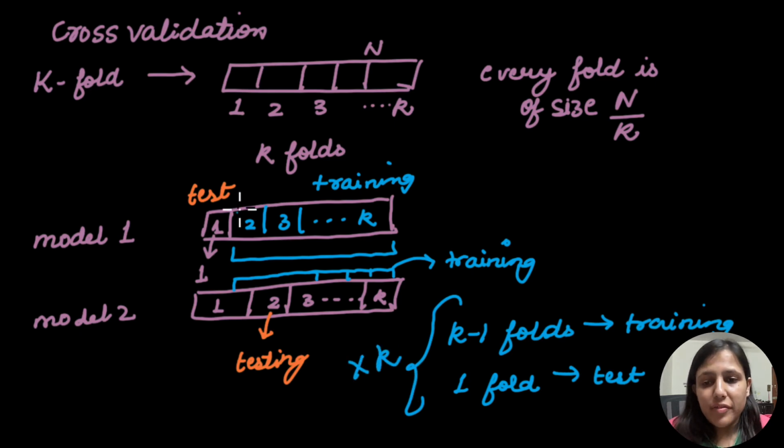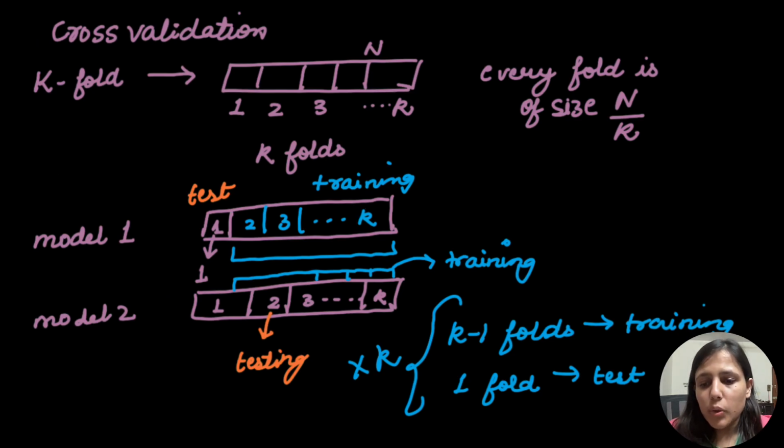Such that every time just one of the folds comes in the testing, and all the folds will come at least and only once in the testing. Okay, so this is cross validation.